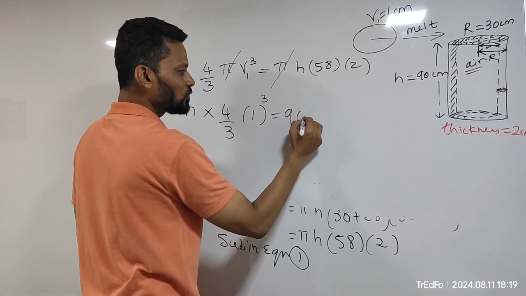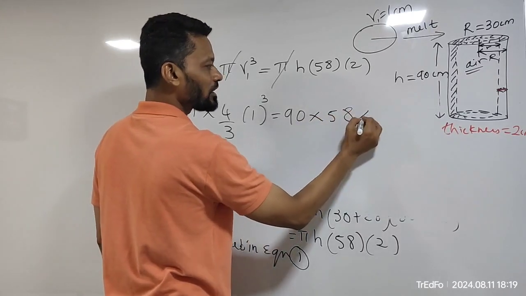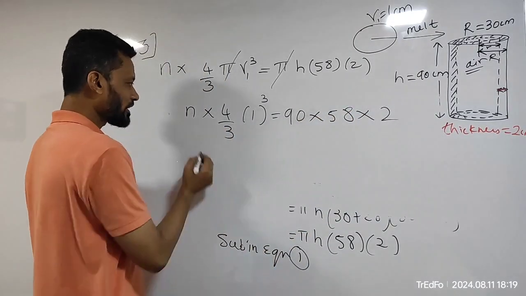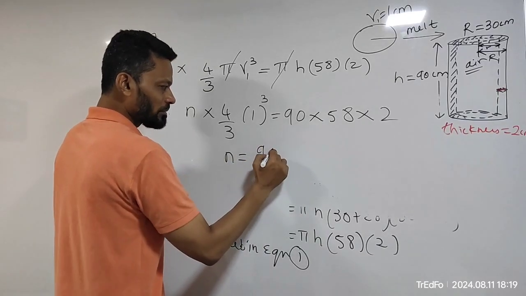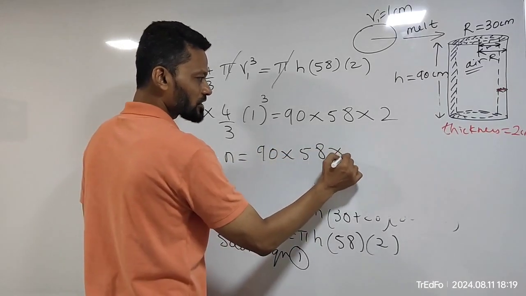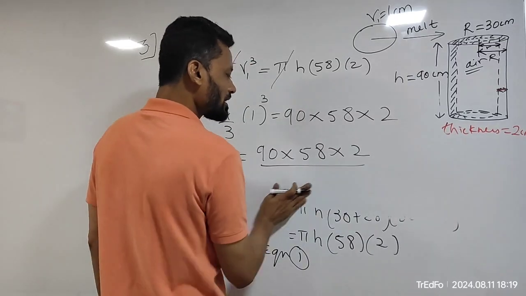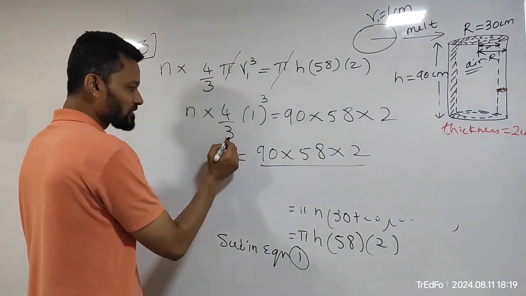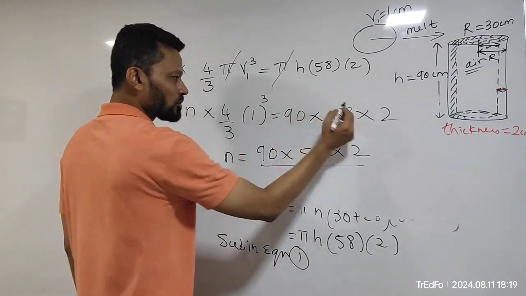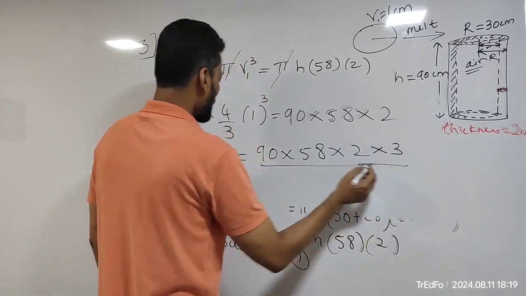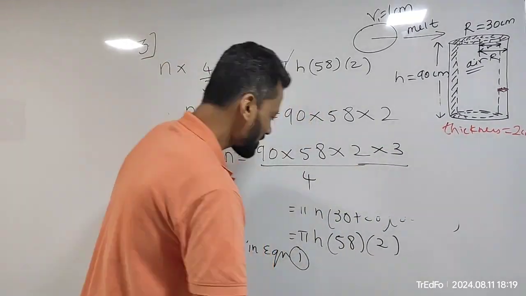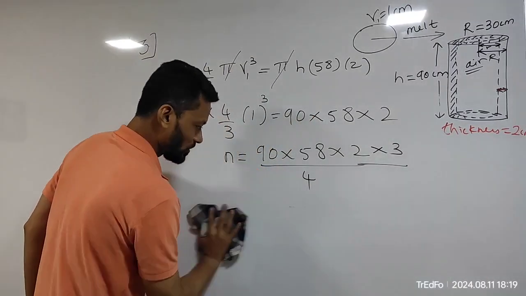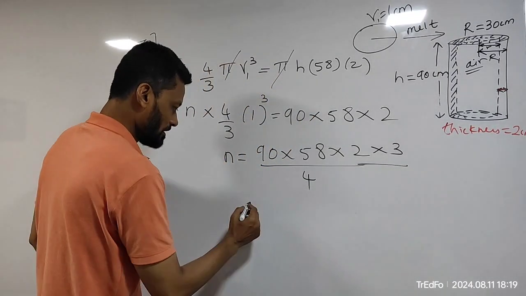Wherever you feel substitution, do it and just go ahead without worrying. n equals, don't multiply this, my suggestion, always keep it as it is because it will help you with the calculation. 3 is divide, goes over here, becomes multiplied, 4 comes here. Now you all are so good in calculation, go ahead and tell me the answer.